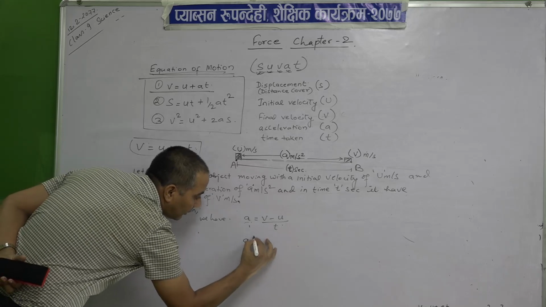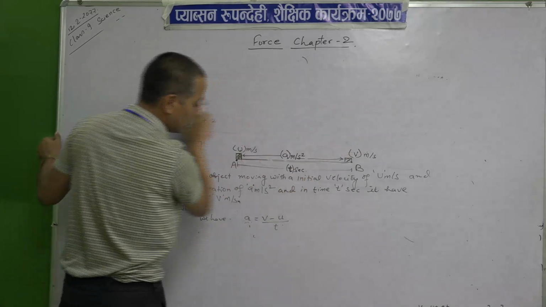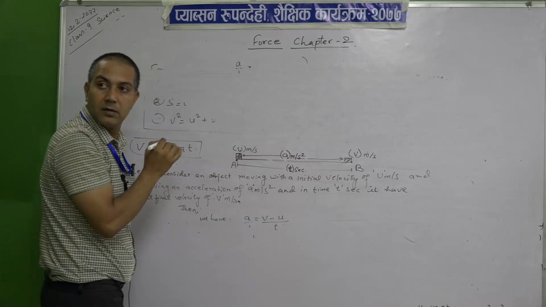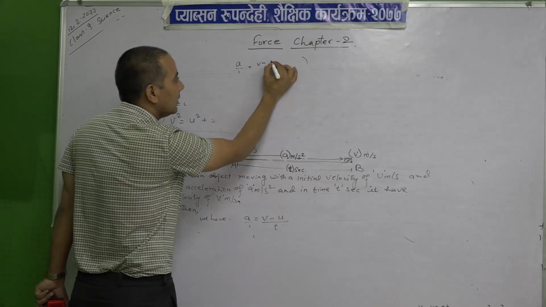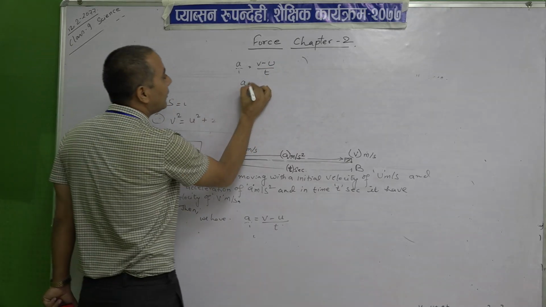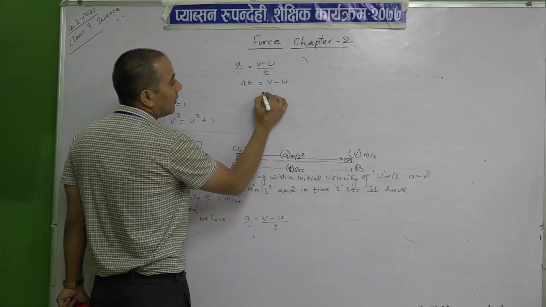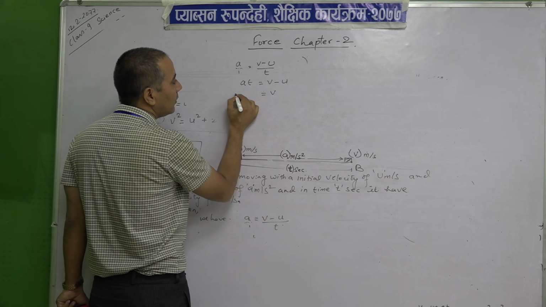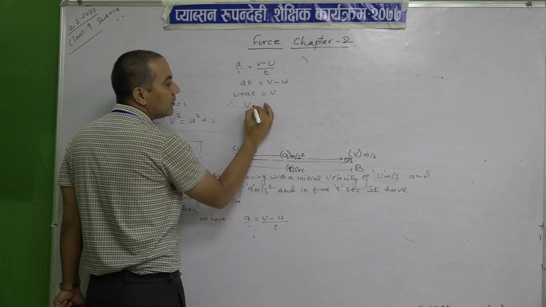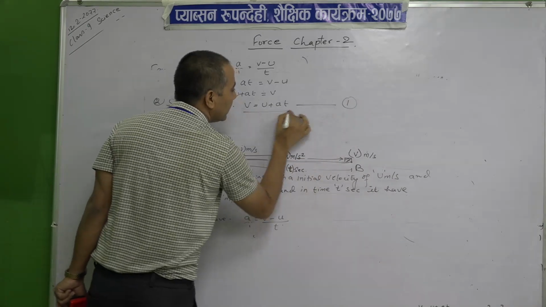Then at equals v minus u, and therefore we can write v equals u plus at. So the first equation is proved.